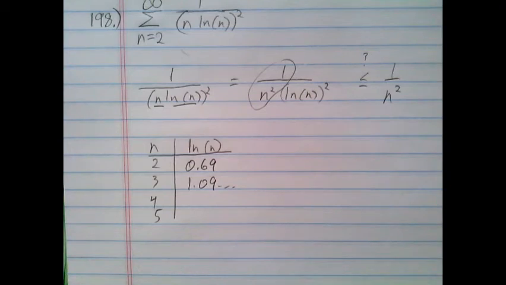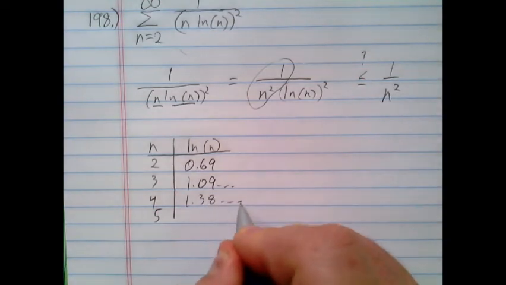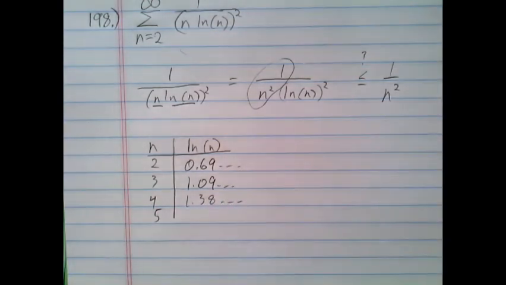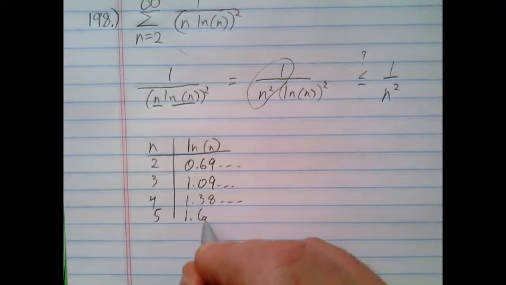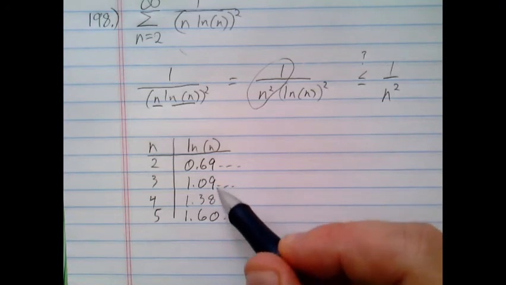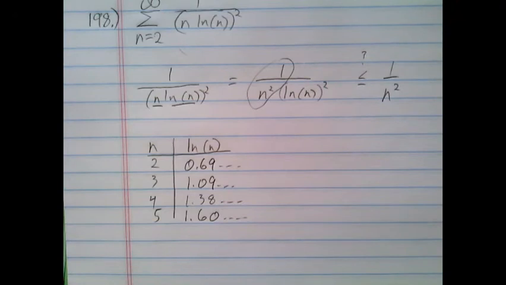Change that 3 to a 4, 1.38, and it keeps going. And one more, just for establishing a pattern, 1.60, and it keeps going. You can see that the values are getting bigger. I think you already know that natural log is an increasing function, so that's no big surprise.